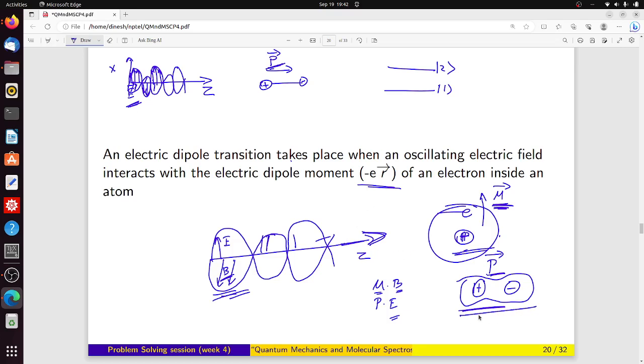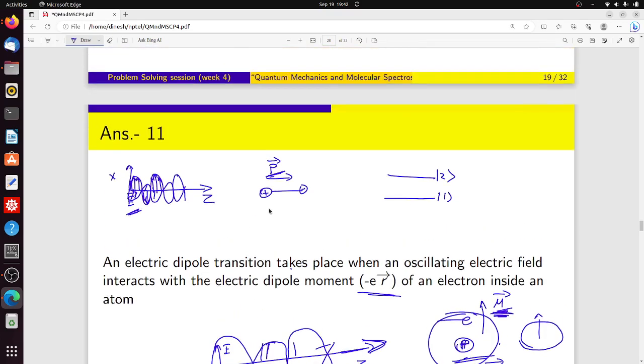I guess you all are familiar with electric dipole moment. Magnetic dipole moment maybe you will study in future, because moving current will induce magnetic moment. So for our course we will stick with electric dipole transition.